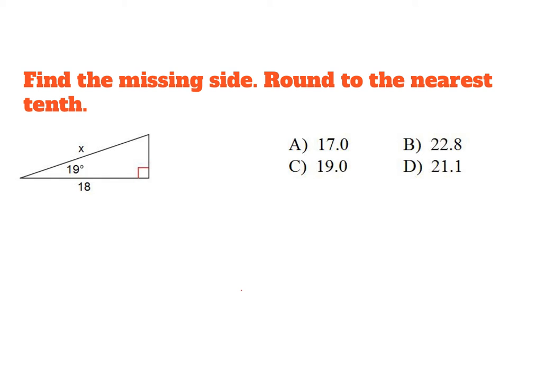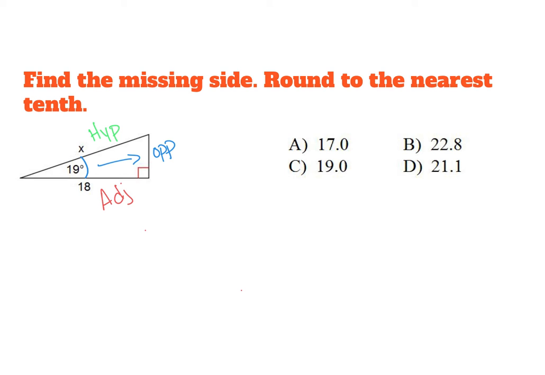Now you try. Find the missing side. Remember to round to the nearest tenth. So the first step is you want to label your sides in relation to what you're talking about. Once you've labeled your sides, you also want to remember what your trigonometric ratios are.